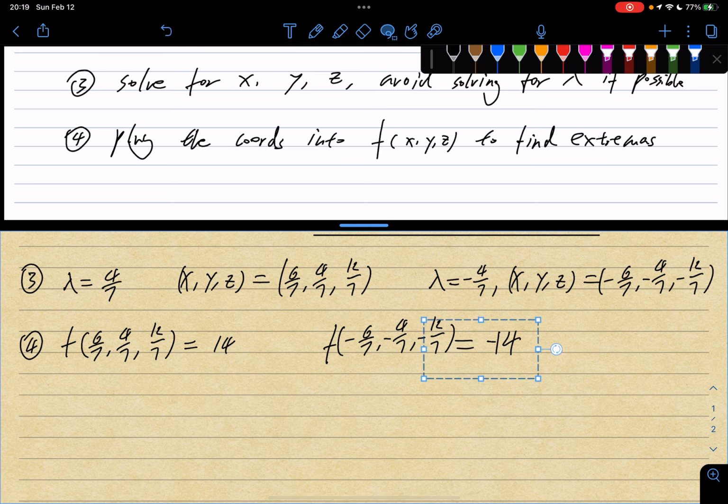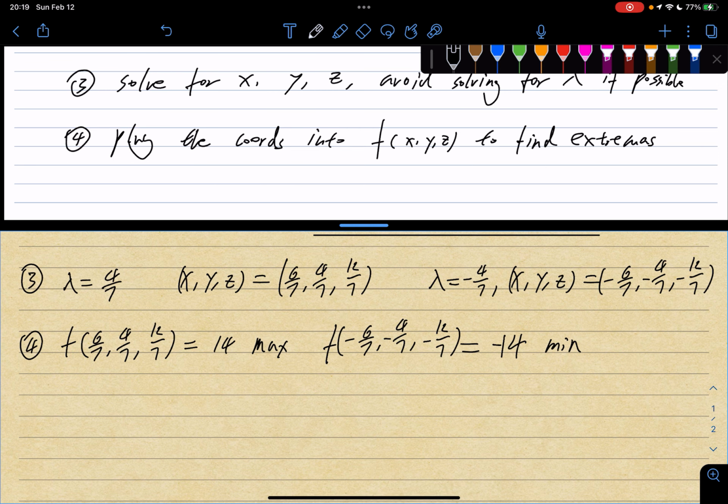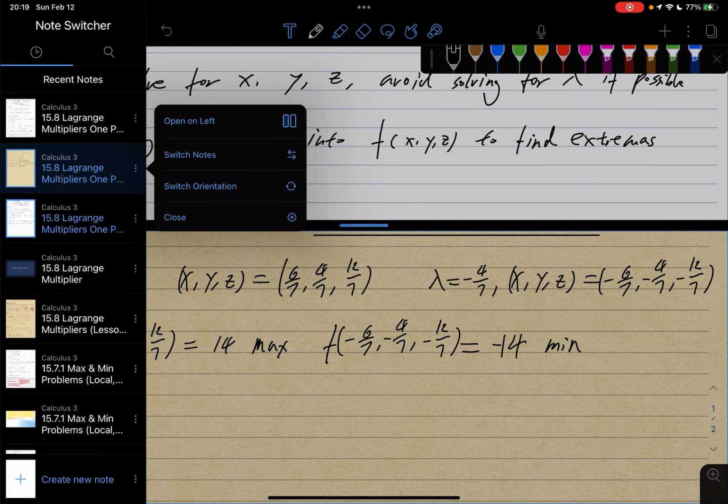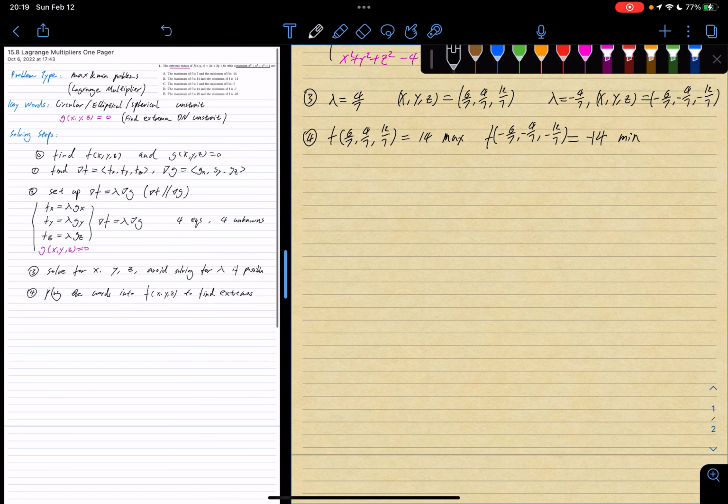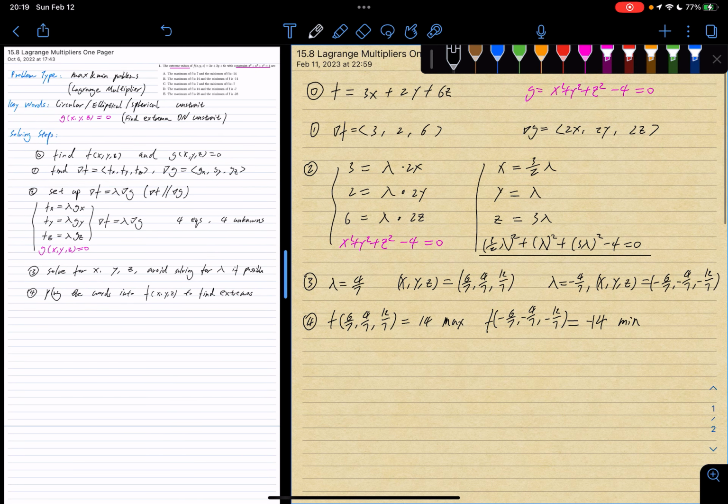So there you go. You have the maxima and then you have the minima. Boom. So this is how you can find the extrema on the constraint using Lagrange multiplier.